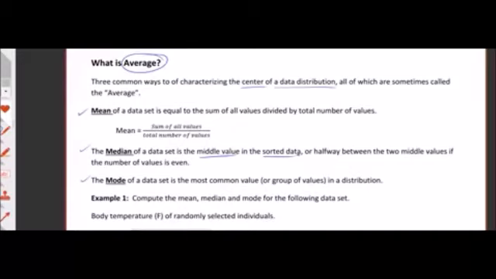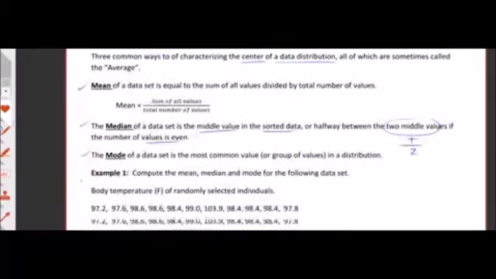And if you happen to have an even number of values in your data set, then you take the two middle values, you add them up and divide by 2. And so you kind of take the mean average of the two data values that are in the middle when you have an even set of data. An example will help clear up any misunderstandings there. And finally, the mode, it's that value that's most common in a data set or a distribution. So let's just put those to work.